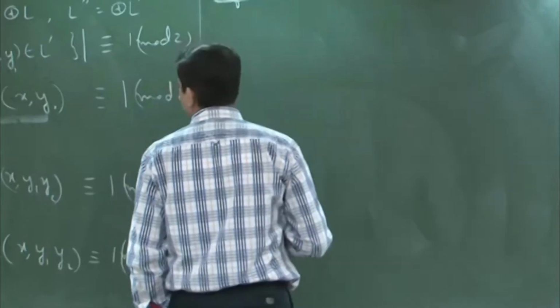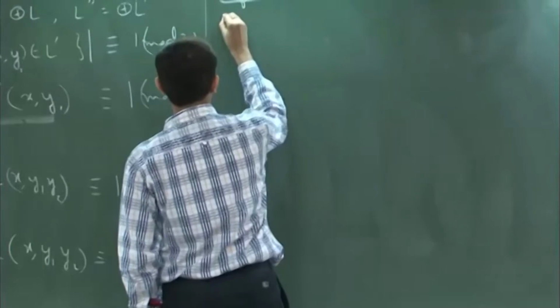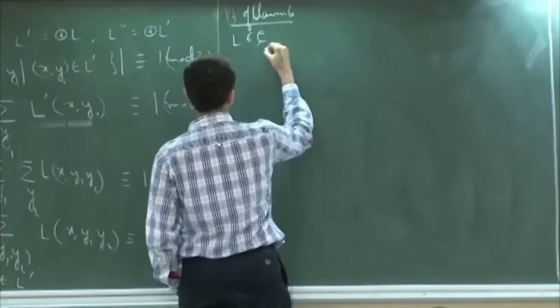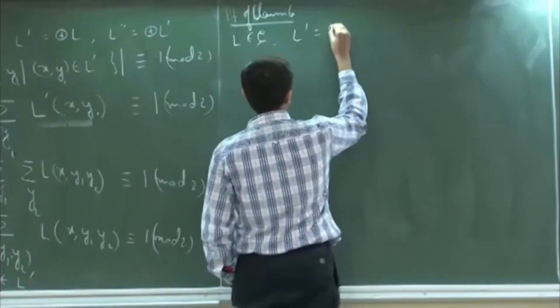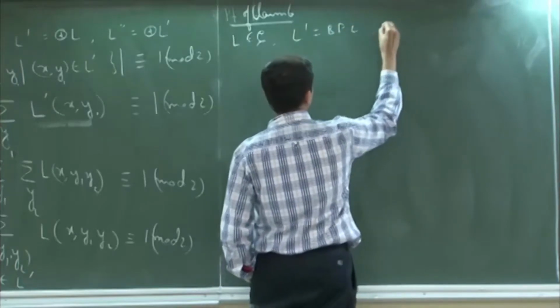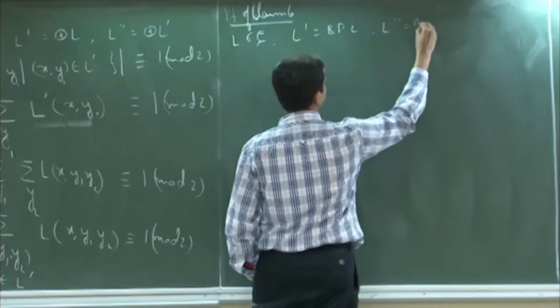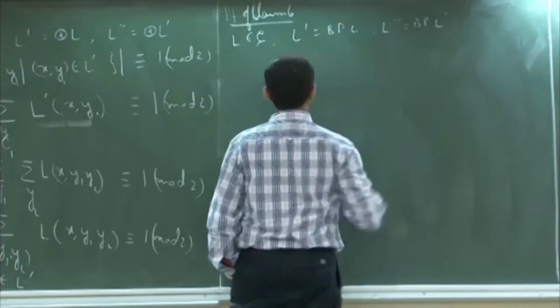Again similarly, let L be some language in C, L prime be pp dot L, and let L double prime be pp dot L prime.